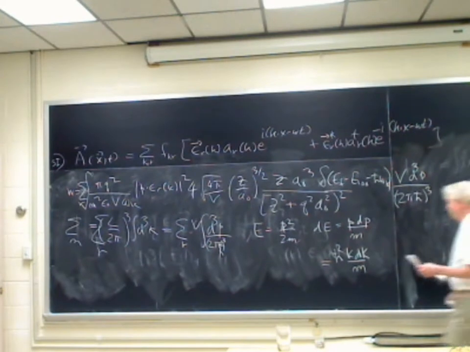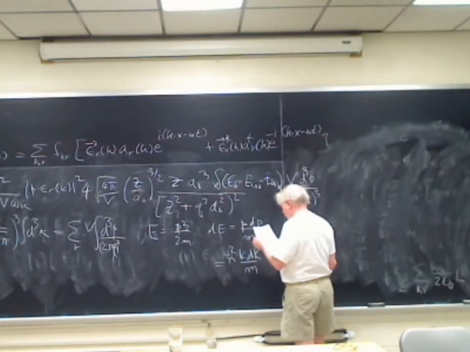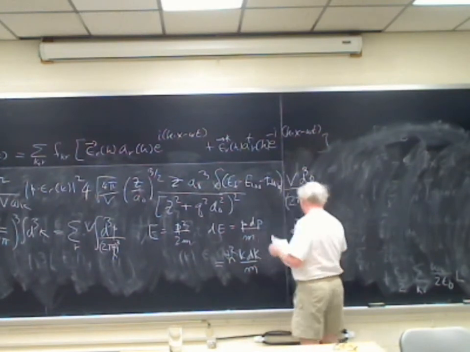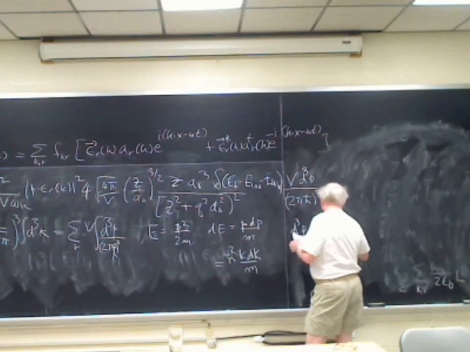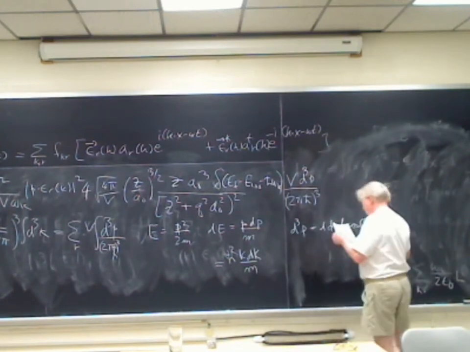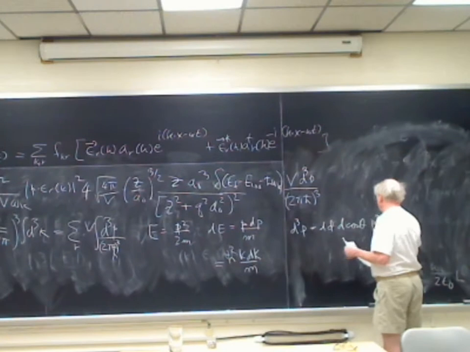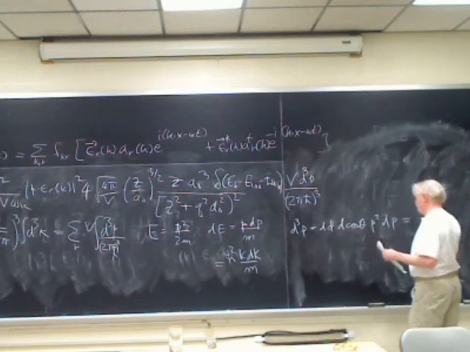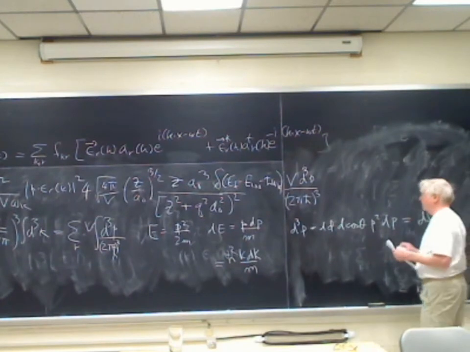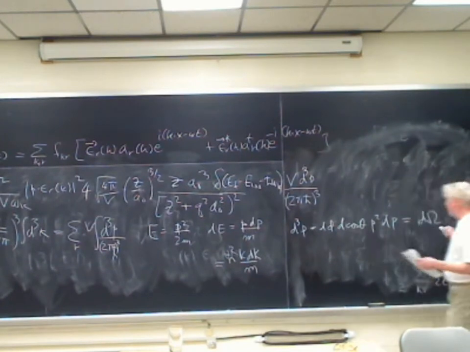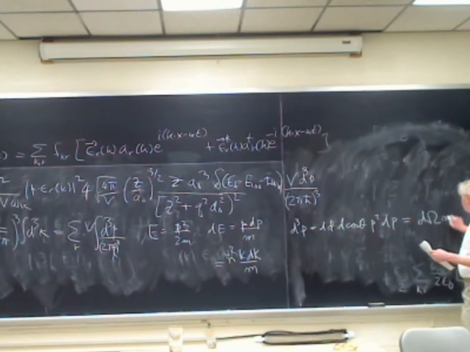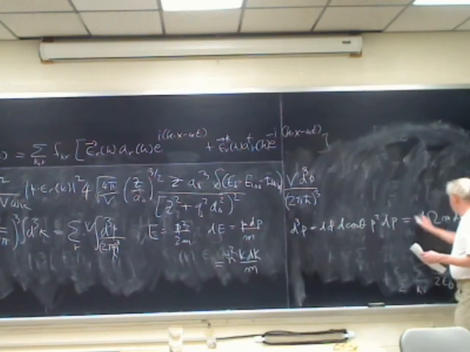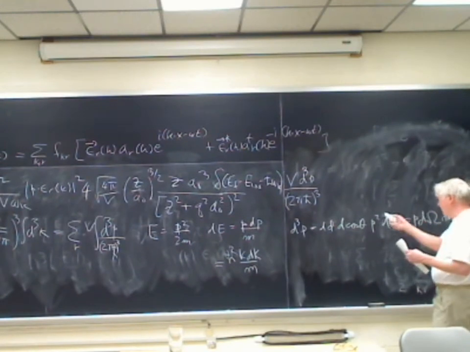So this dq_p is equal to, of course, d cosine theta d phi and then p squared dp, which is then d omega, and p dp is m dE.